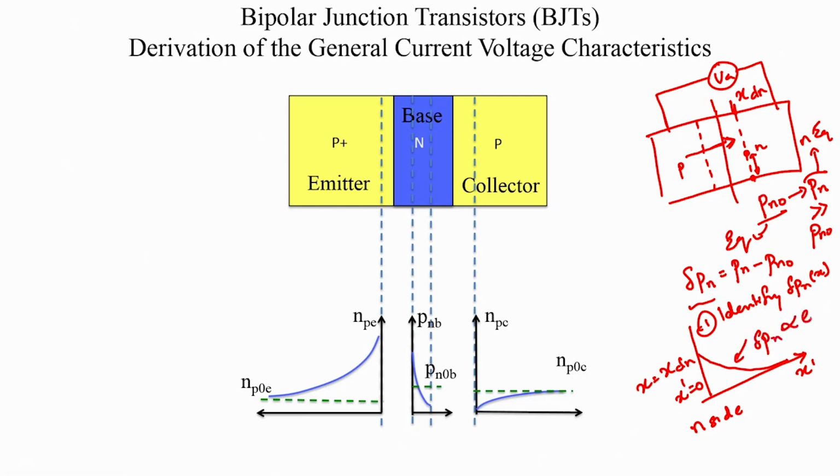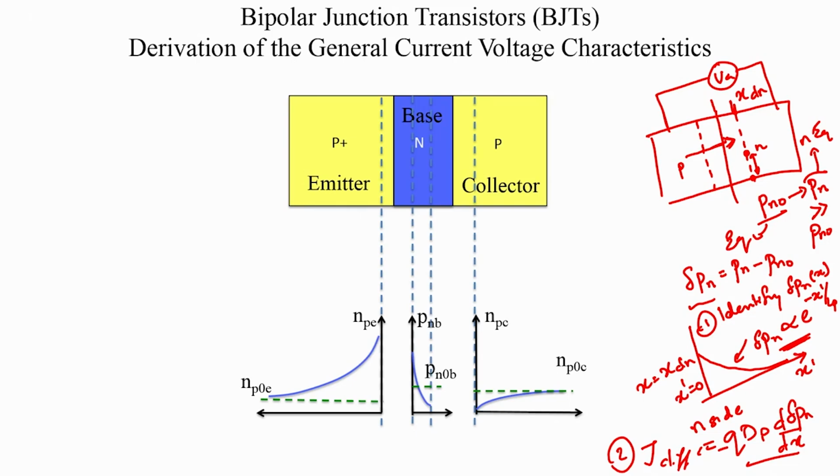It was proportional to e to the power minus x dash by Lp, okay. And then after identifying this gradient, we then said we will now derive the current voltage characteristics, because the current is now diffusion current, we said that the current was minus q Dp d delta Pn by dx, and that was the current density.